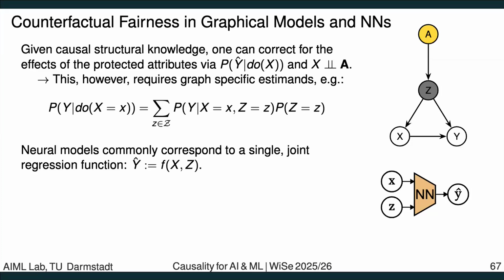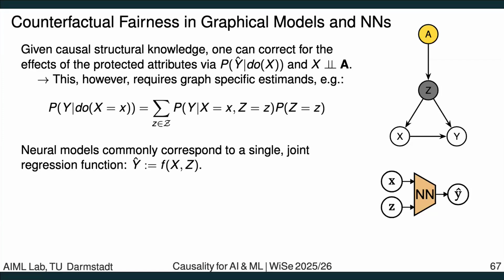And our neural network, if we take our X variable and all the adjustment set, it doesn't mean that our neural network predicts the right thing, because this estimate that we have for our causal model is really dependent on the graphical structure of this model and requires a lot of sub-steps, right?